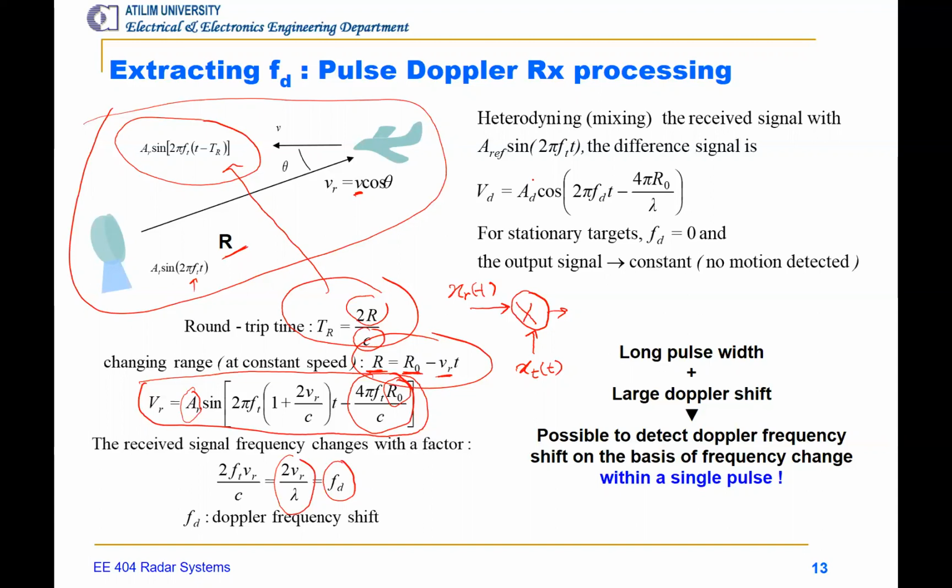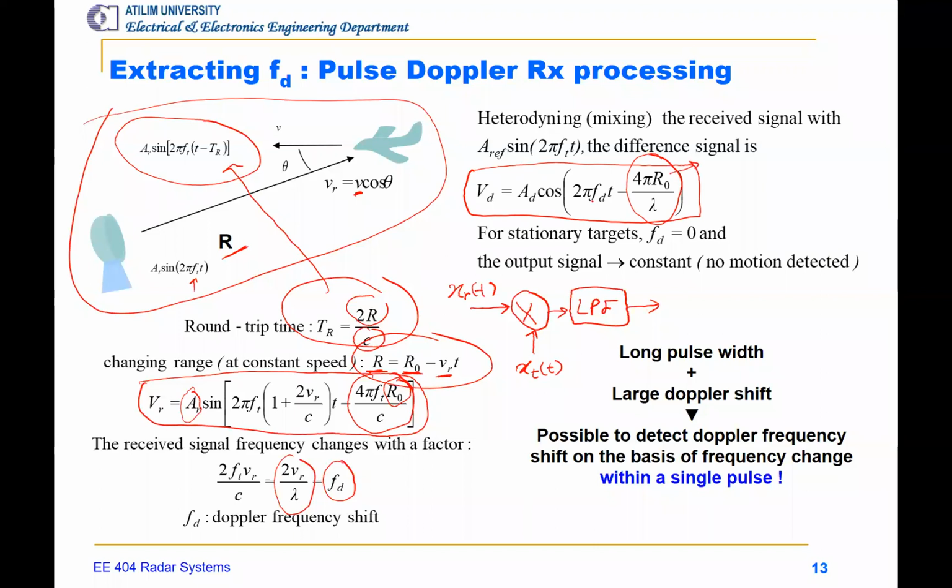We use a low pass filter at the output of this mixer and take the frequencies within the low pass band. Usually these are the frequencies at or around the Doppler shift. So we see the different signals in this form. This is the constant term again at the initial position.